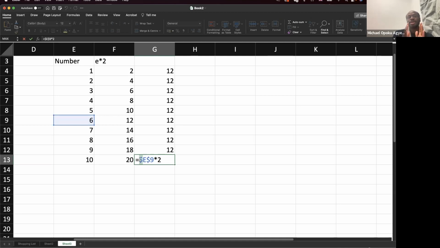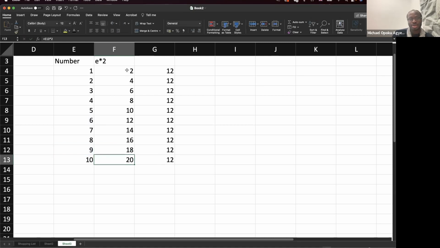It will keep that particular cell throughout the equation, even if we do autocomplete. That's the point we are trying to prove. If we don't put the dollar sign, it will change to the next cell. You notice the difference there.